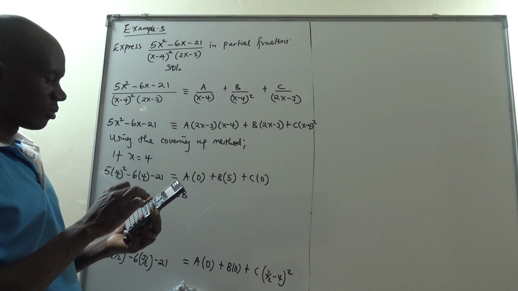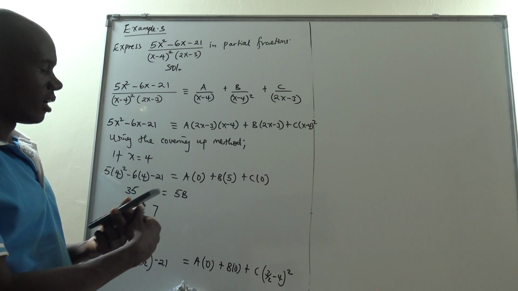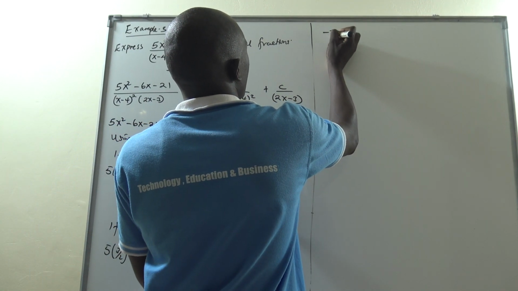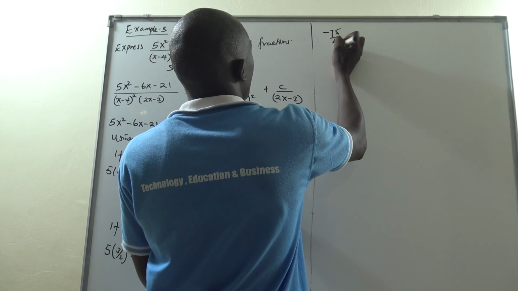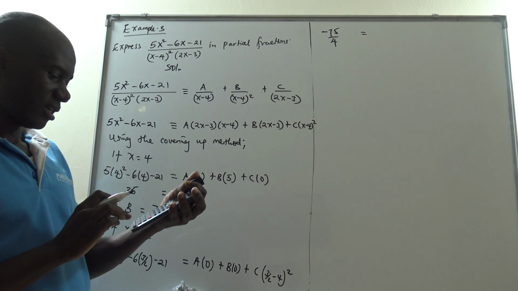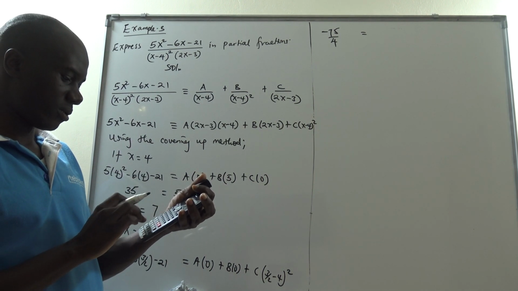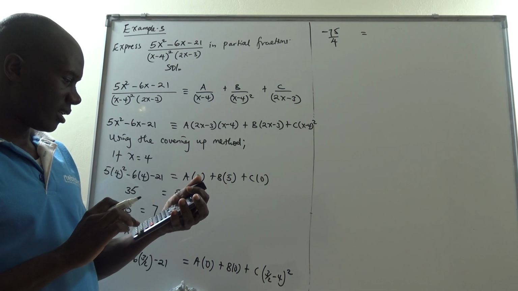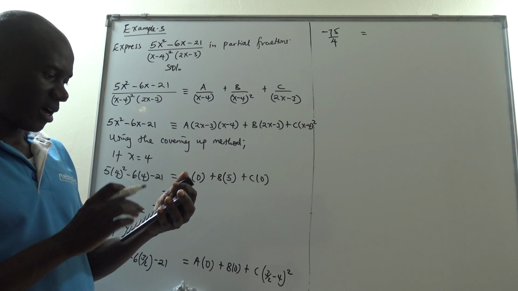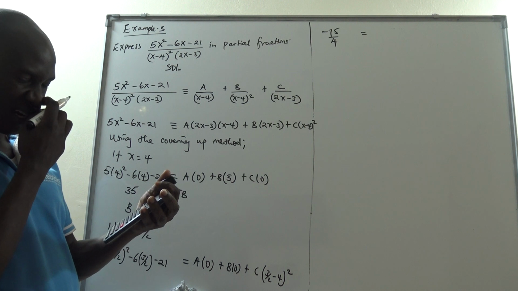We are coming out with negative 75 out of 4. Here we have negative 75 out of 4 equals, looking at 3 out of 2 minus 4, we are coming out with negative 5 out of 2.